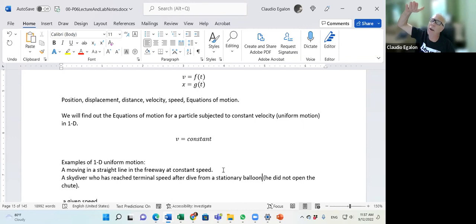Eventually, his speed is high enough that the air friction is high enough to counter his weight, and then he starts descending with constant velocity. That's another example of uniform motion.